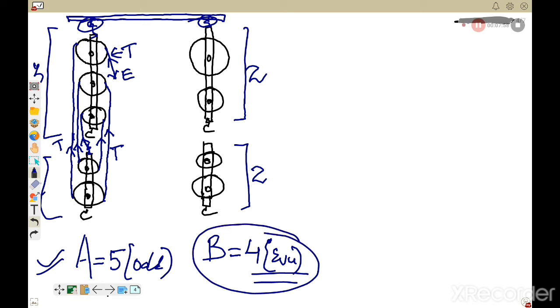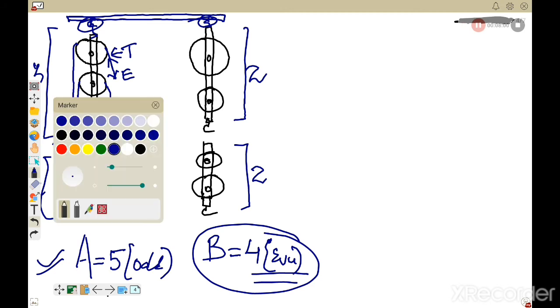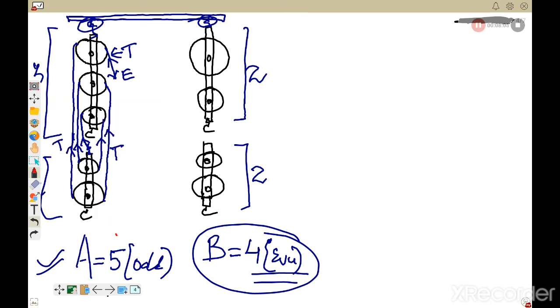Again, as in the first case, here also we'll pass the string from the topmost pulley of the upper block. So here we'll apply the effort. Now from here the string goes to the lowermost pulley of the lower block, from here to here, from this pulley to this pulley, and from here to this hook. Now see, one end of the string is free.